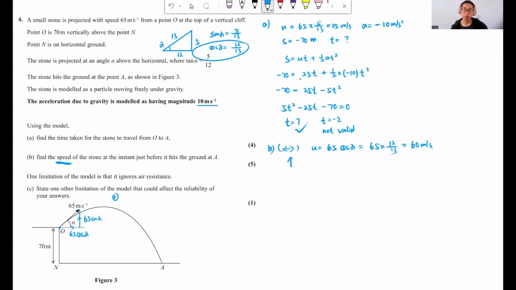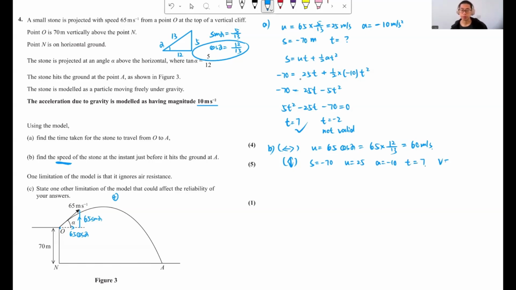And then for the vertical direction, we know s is negative 70, the initial velocity is 25, and a is again negative 10, and now we know time t is 7.